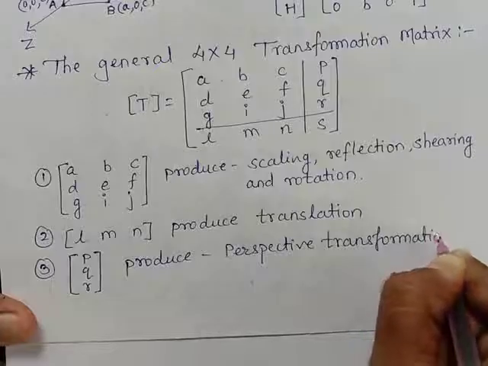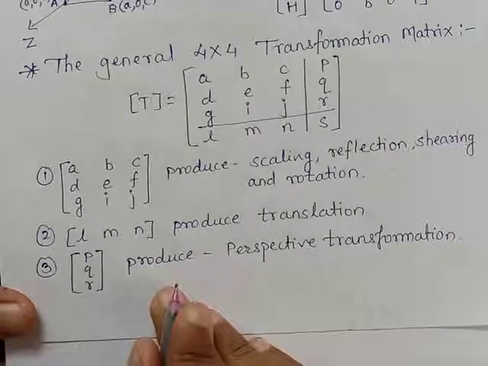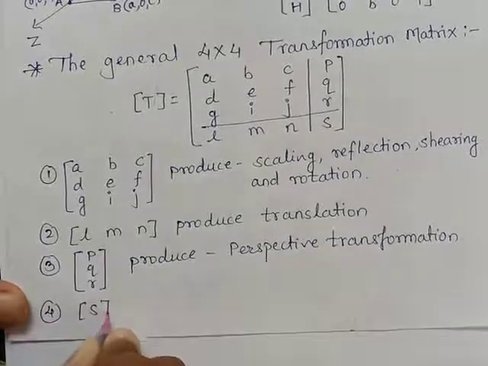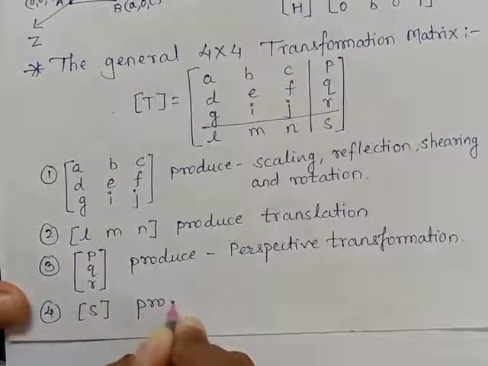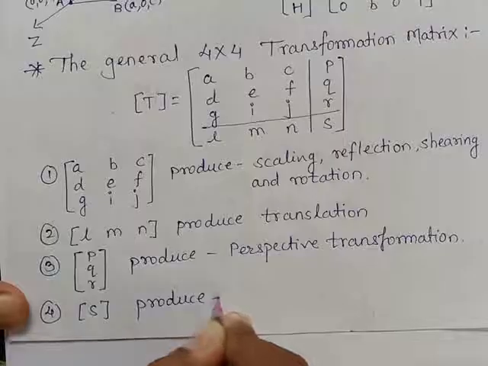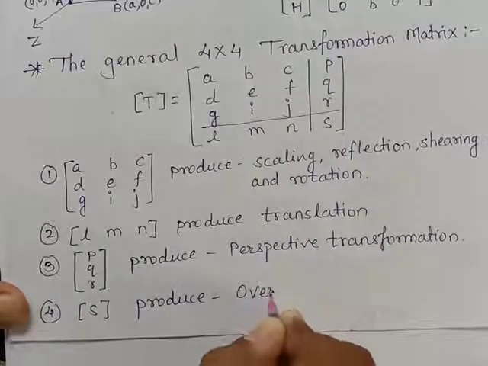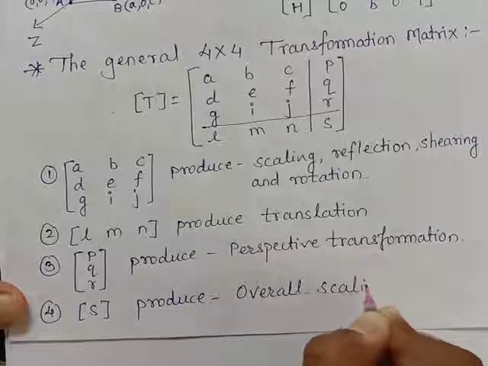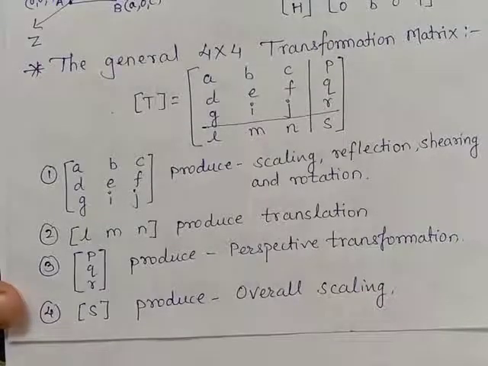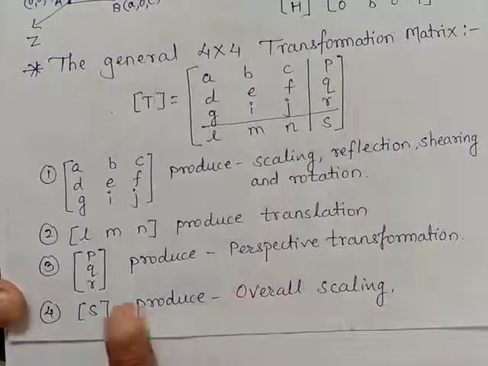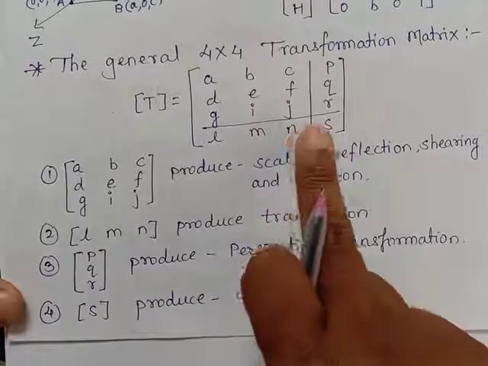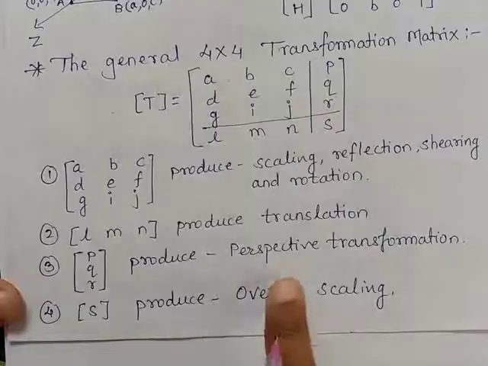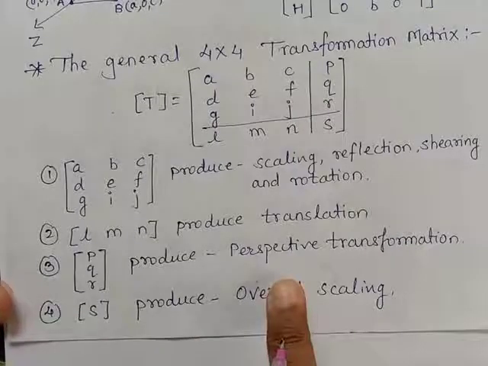And the next one and the last one, what is S? You know about this. It produces overall scaling. Overall scaling is produced by this S. Remember these things. We have to see the transformations like this simply.